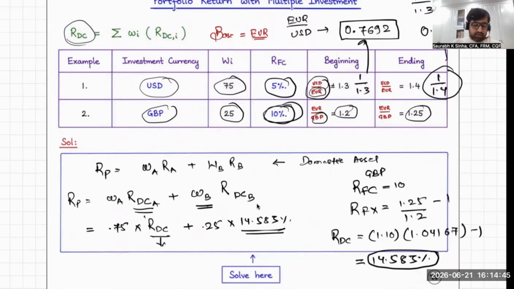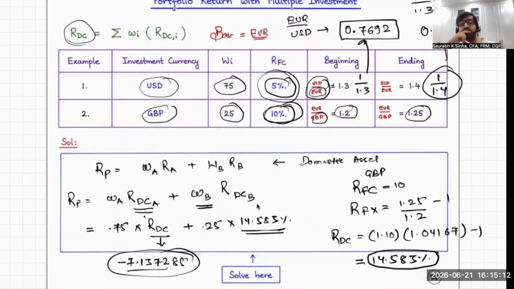If I do 0.7143 divided by 0.7692, and then minus 1, USD has depreciated by negative 7.137285%. It has depreciated more than the increase in the value of the asset. So actually the net return would be somewhere around negative 2.13%.